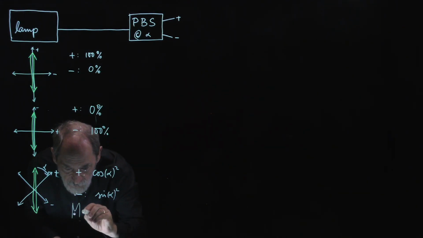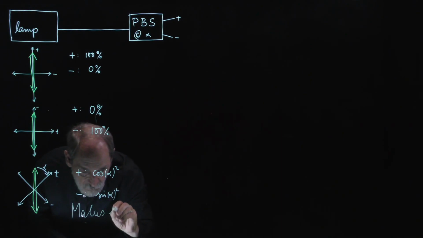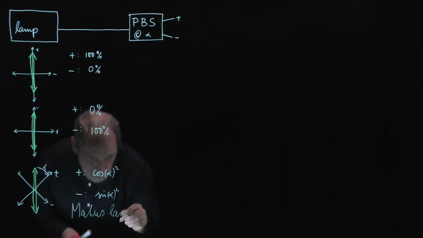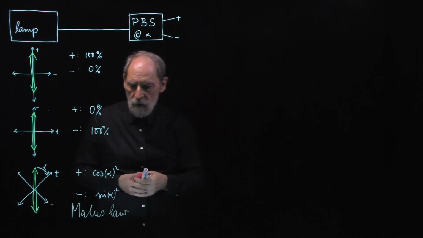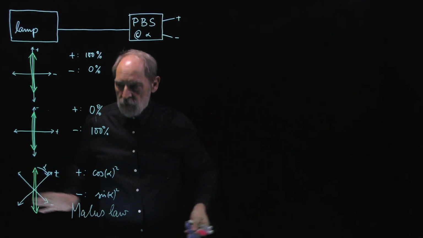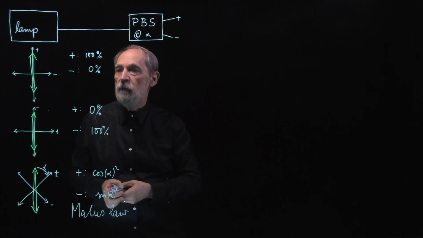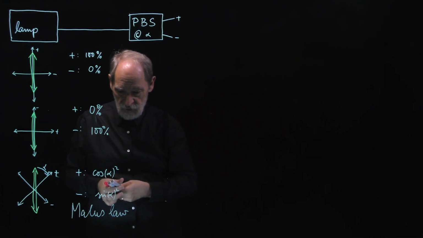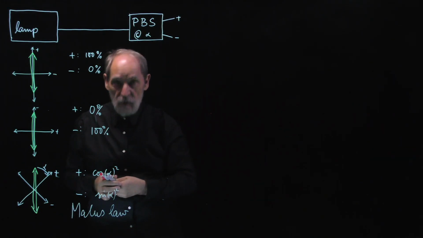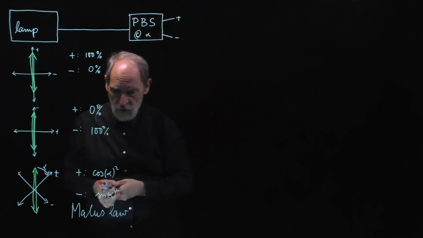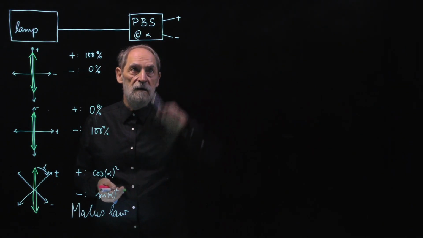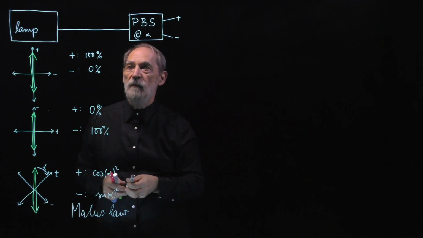It's known as the Malus law in optics. So there's no doubt about this. You can easily do this experiment. You have your lamp, you emit polarized light, you probe it with a polarizing beam splitter, you turn your polarizing beam splitter to probe different values of alpha, and you find that the intensities are split in accordance with the Malus law.